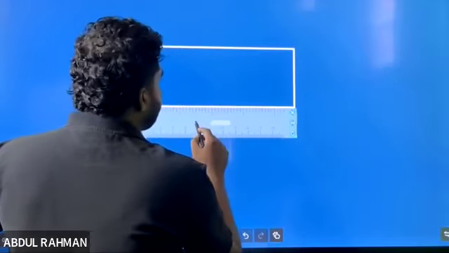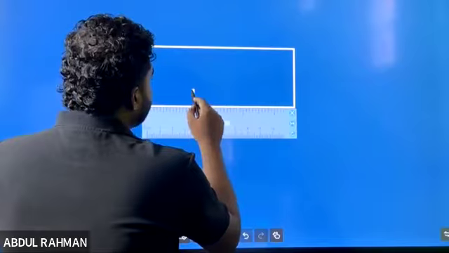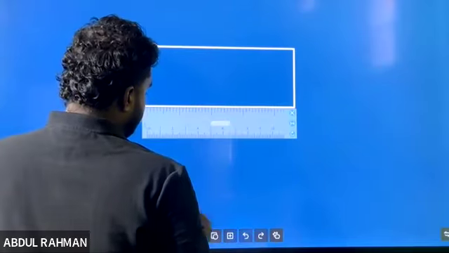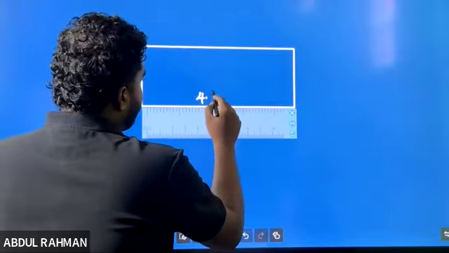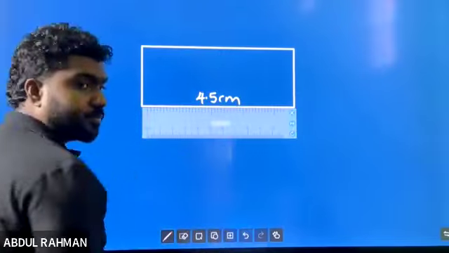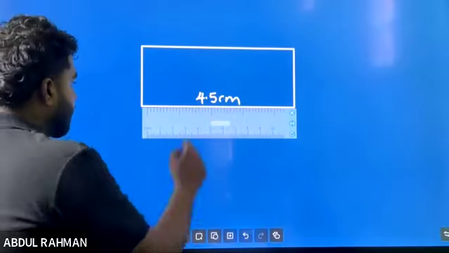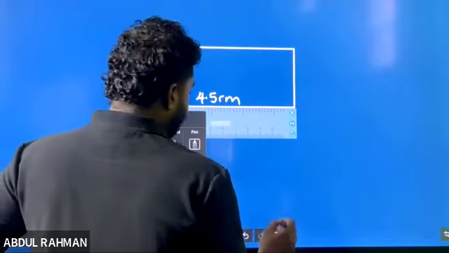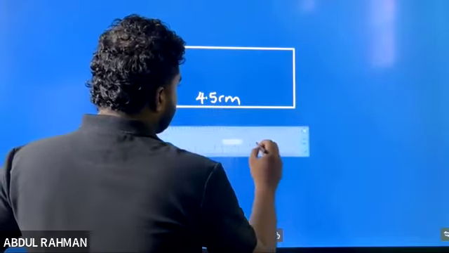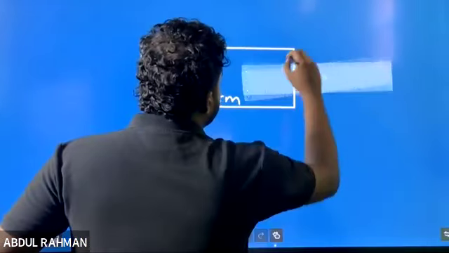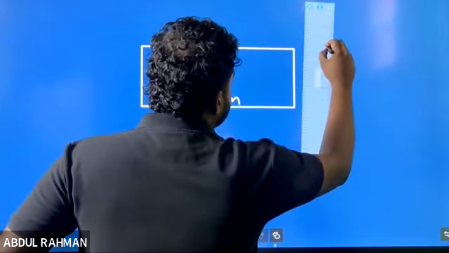This length is going to be almost 4.5 centimeters. I'm going to take the same ruler again, on the height, and measure it.